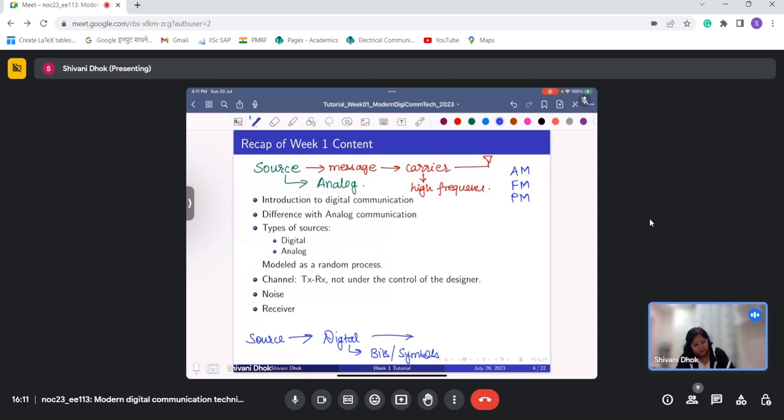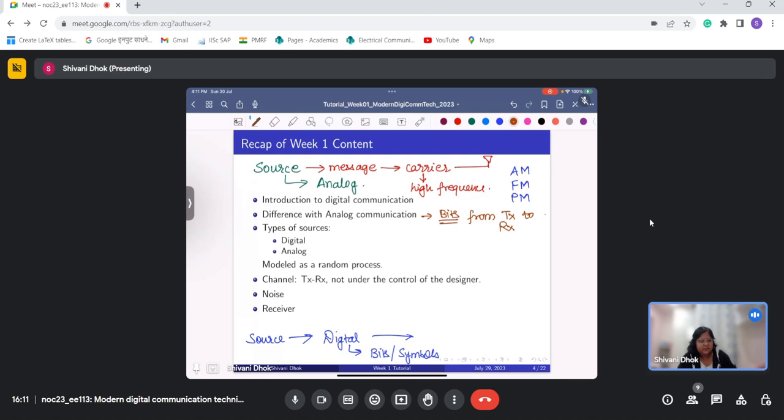Now the main goal of a digital communication system, as mentioned, is to transport bits from transmitter to receiver such that the probability of error is minimized. We also need a certain rate, which will be mentioned in upcoming lectures.